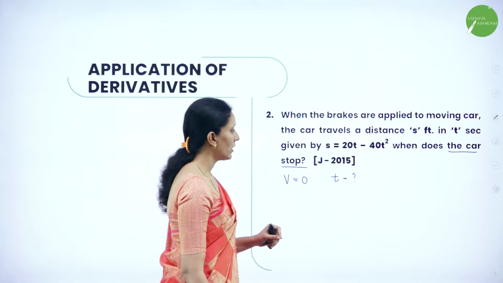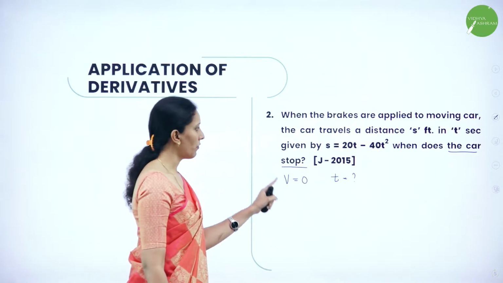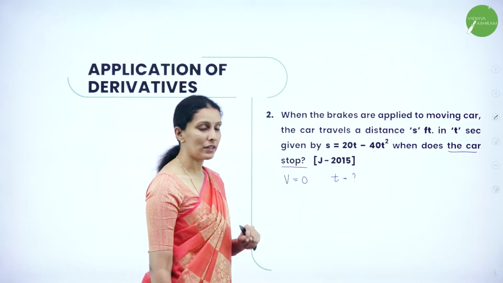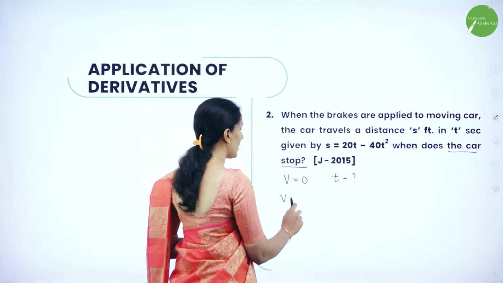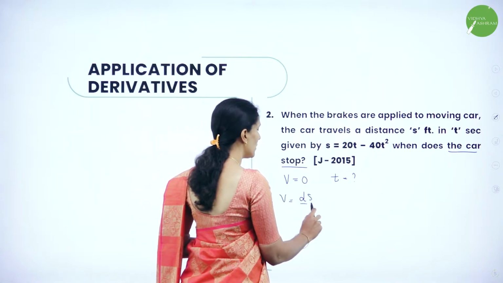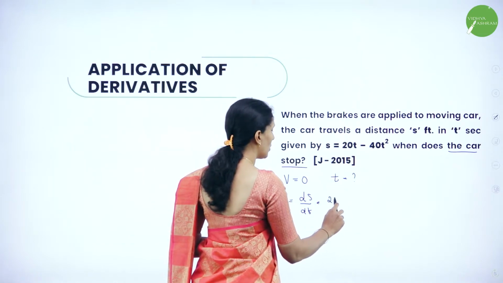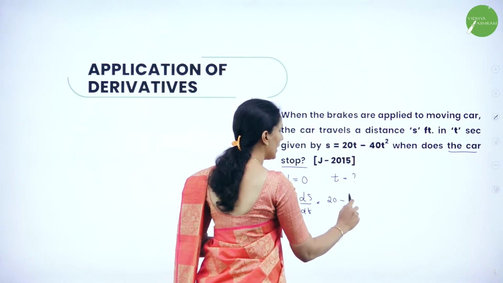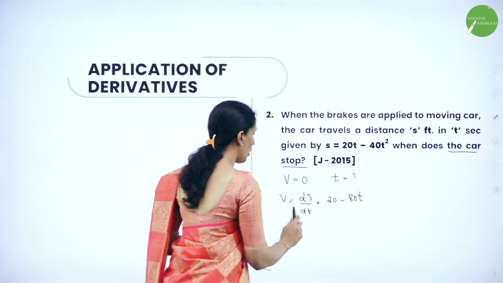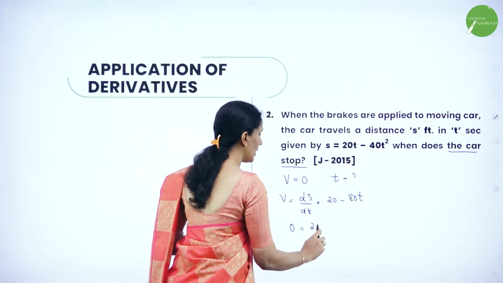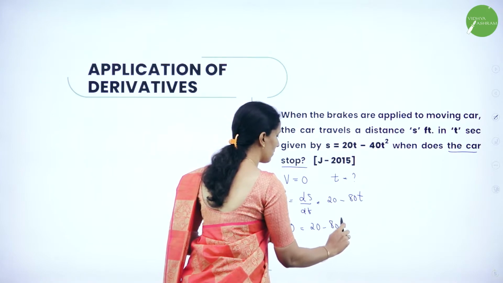So to find out the time, we need velocity. To find the velocity, we have to derive the displacement. So velocity means derivative of displacement, that is ds by dt. When you derive it, you will get 20 minus 80t. So velocity is 0, 20 minus 80t.